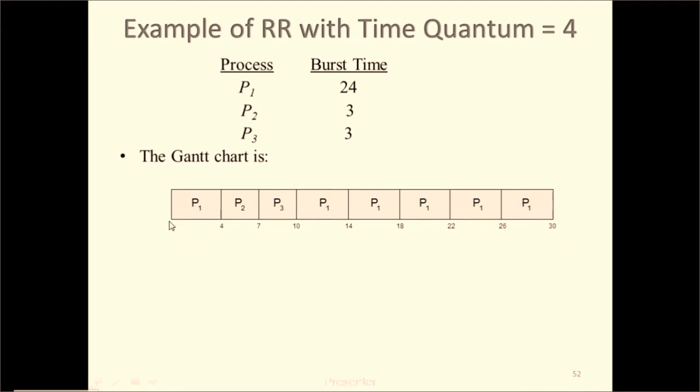So at 0, P1 is scheduled, uses the CPU for 4 units of time. Remember that in shortest remaining time we recalculated the situation after every 1 unit of time. It is recalculated after the time quantum, which is 4, that is Q. So after 4 units of time, the scenario will be P1 20, P2 3, P3 3.